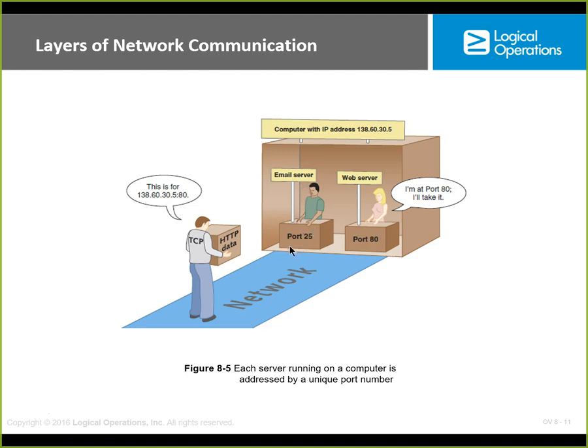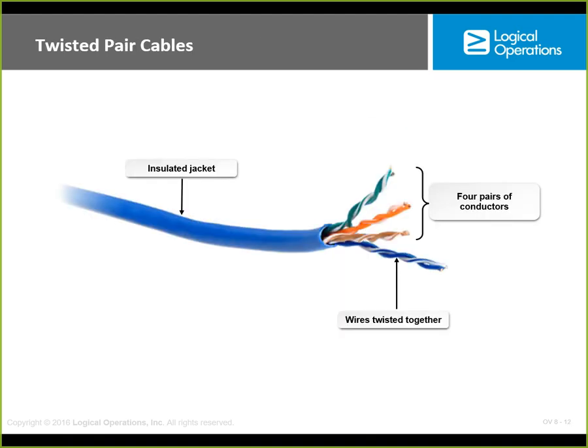Well, that's not port 80. Port 80 over here, the web server, I'll take port 80. So it takes that one. And when we have an IP address and a port together, that's called a socket. We're going to come back to the port numbers in a minute.